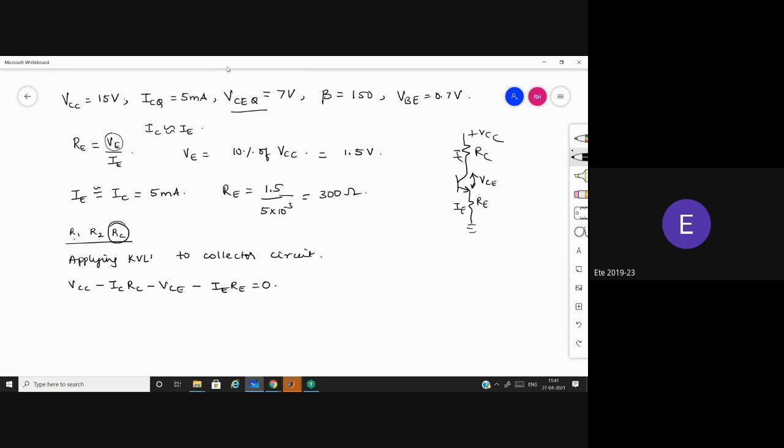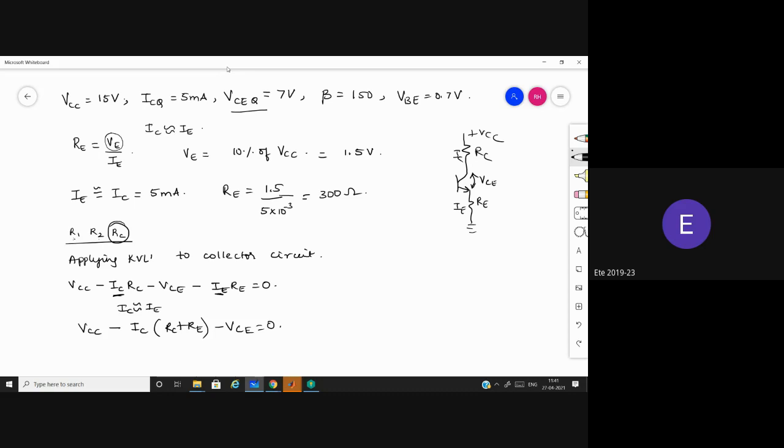Now we can substitute all the values. Since IC is approximately equal to IE, we can take IC into RC plus RE minus VCE is equal to 0.